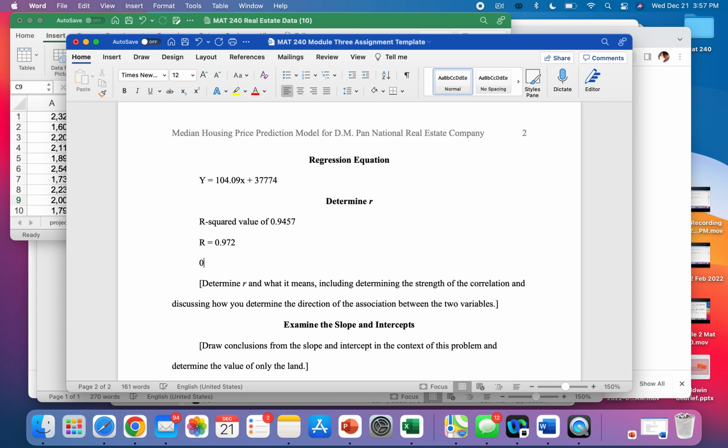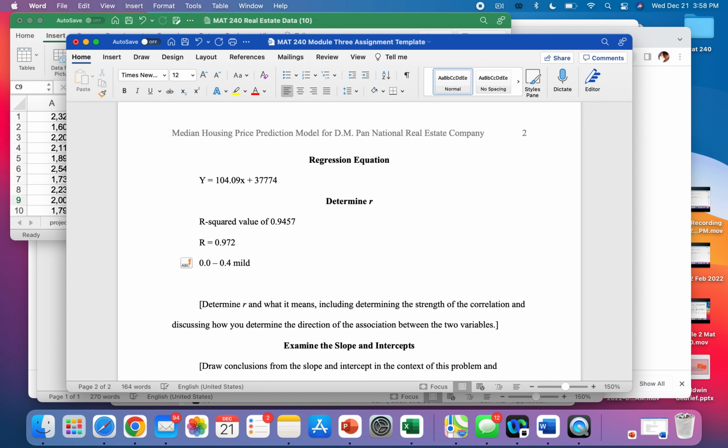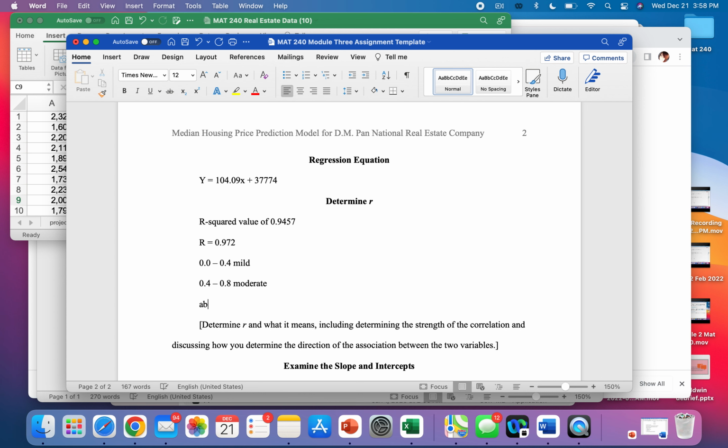All right, what's the rule? 0 to 0.4 is mild or little. 0.4 to 0.8 is considered moderate, and above 0.8 is considered strong.